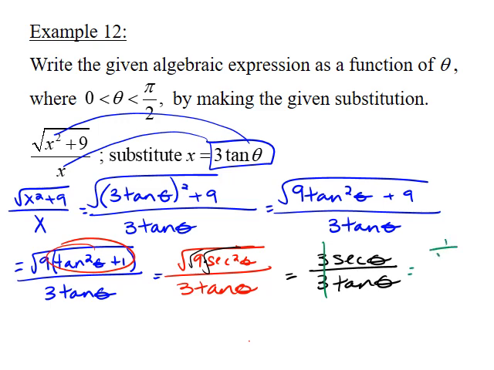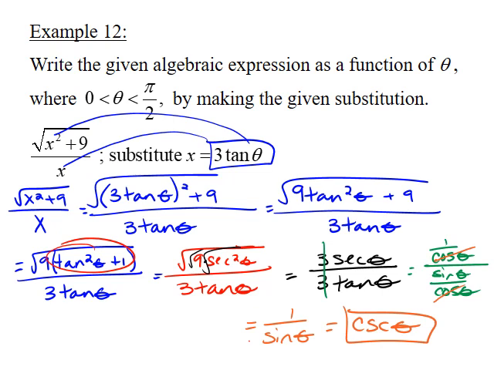So this is 1 over cosine of theta and sine of theta over cosine of theta. You don't want fractions within fractions, so you can multiply the top and the bottom by cosine of theta, and you will find that these cancel out. 1 over sine of theta reduces to cosecant of theta.